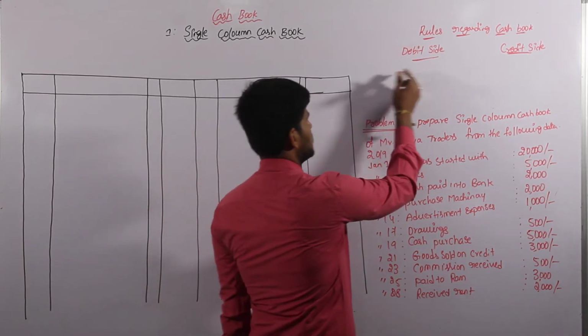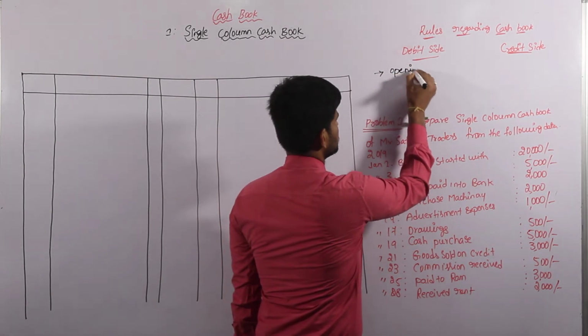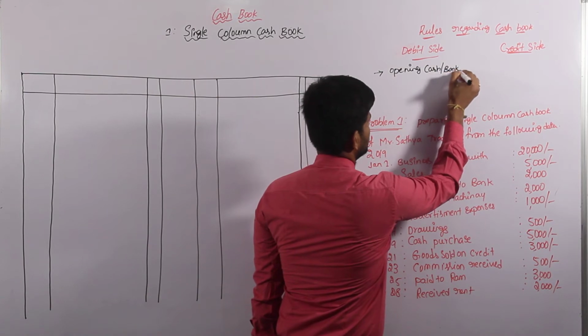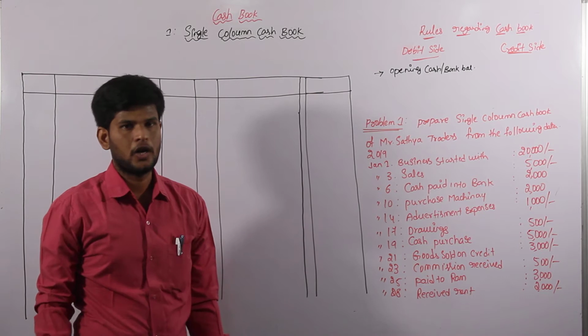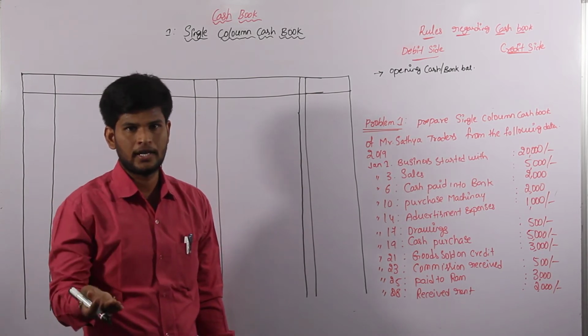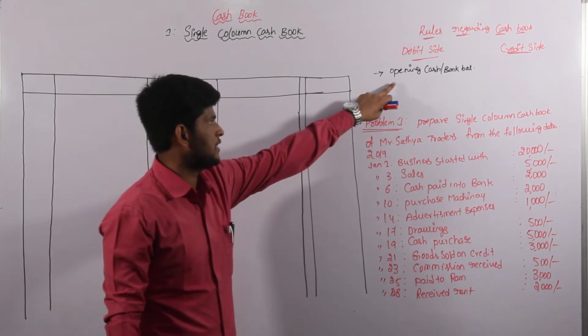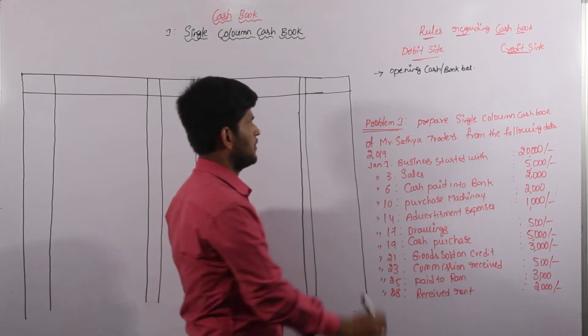In debit side, we have to write first one is opening cash and bank balance. In debit side of cash book, not only in single, two and three column cash book, all rules are similar to three types of cash book. In debit side, we have to write opening cash and bank balance, whatever it will be available in our transaction.